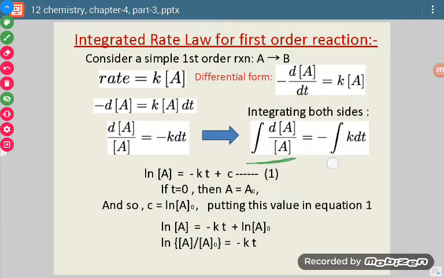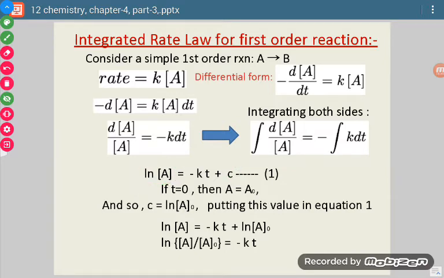After integration we get log A, since integration of 1 by x with respect to x is equal to log x. Here it is natural log. This you have to remember, don't write log, log is common log. Here we are writing natural log. So ln A is equal to minus kt plus c, where c is again the constant of integration.